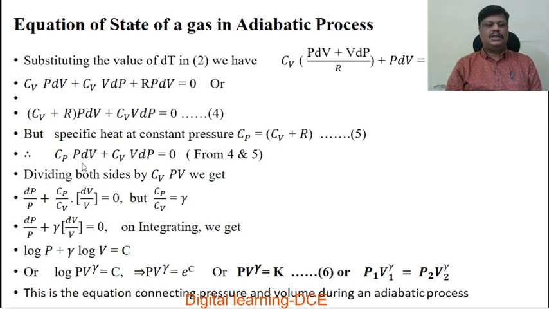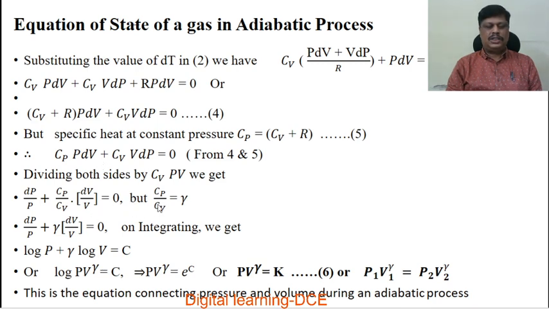Then we get dP by P plus Cp by CV into dV by V is equal to 0.